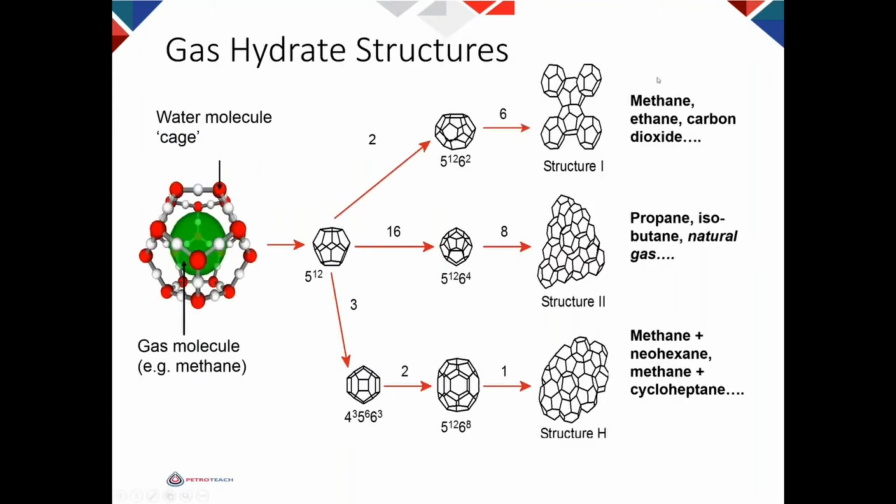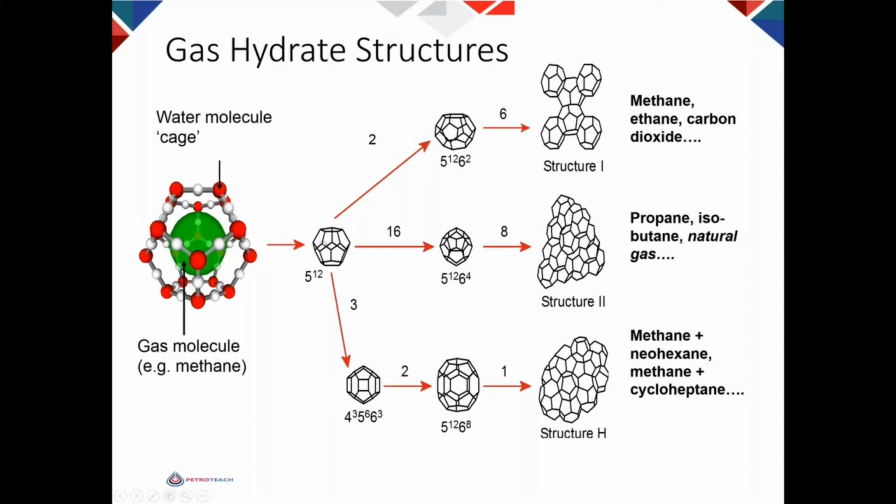There are three main structures of hydrate. The initial or the common structure is a cage, a small cage. So all of these different structures have a small cage.